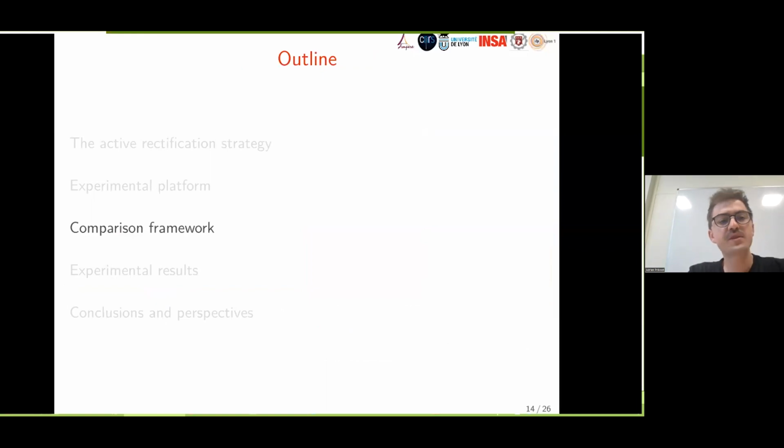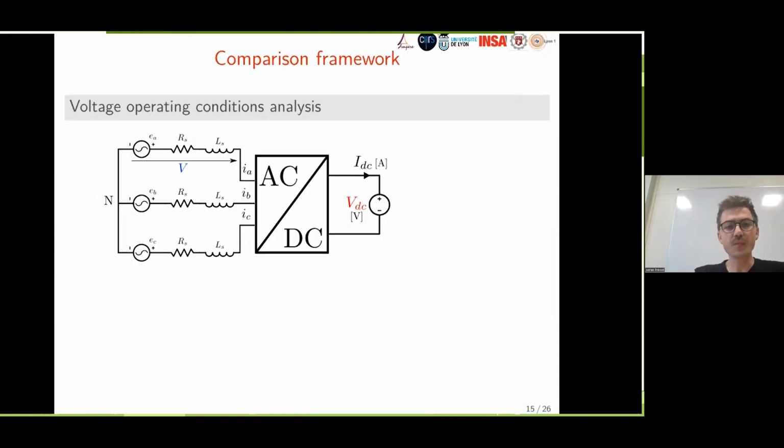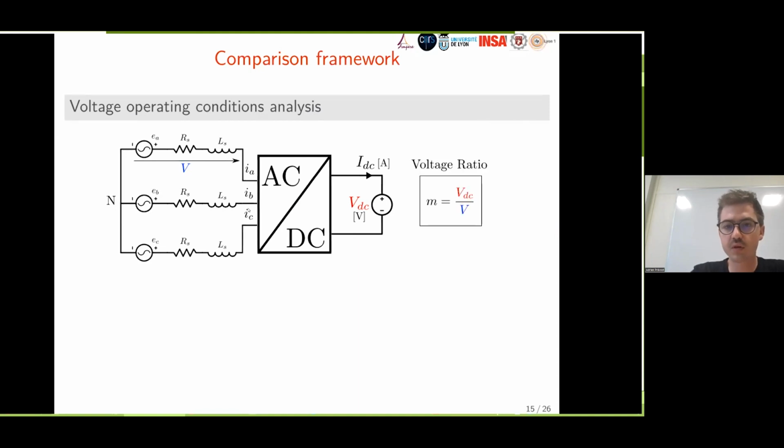So which comparison framework should we use to compare both strategies, the passive one and the active one? Let's have a look at the voltage operating conditions of power transfer for both strategies. Let's define a ratio that we call M here, which is the DC voltage divided by the amplitude of the phase voltage.